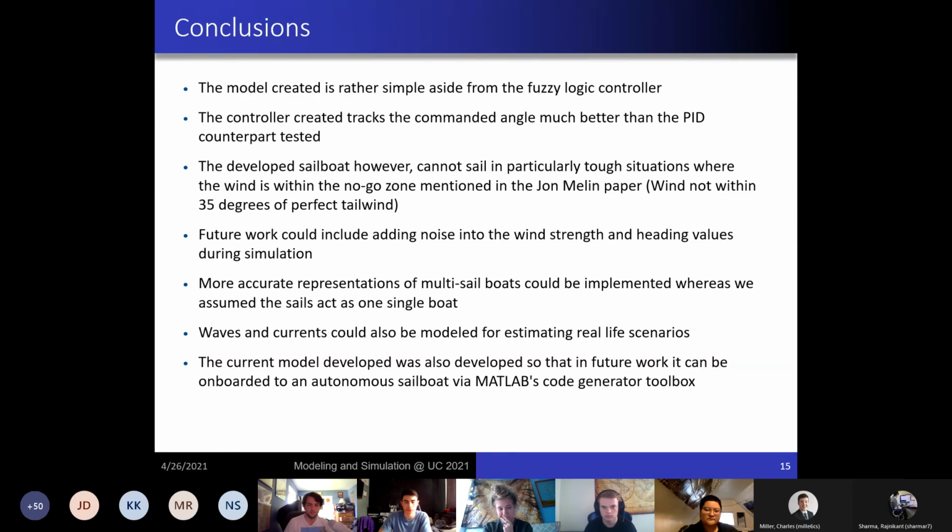Additionally, factoring in more randomness into the simulation, with wind strength and heading having noise. And on top of that, some waves, and getting rid of some of those assumptions that we made, to have a more holistic simulation. And finally, this current model could be implemented into a real autonomous sailboat in the future using MATLAB's code generator toolbox.